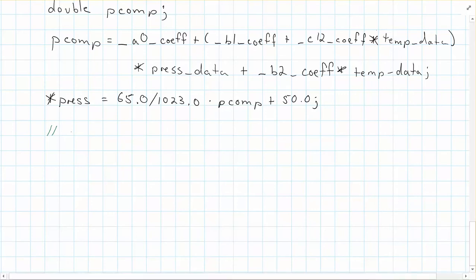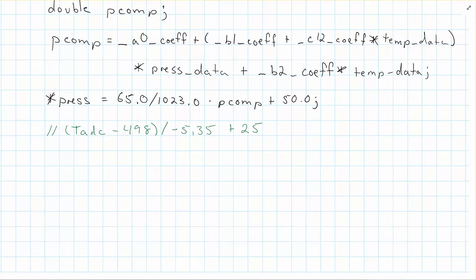But the formula we're going to use here is TADC minus 498 divided by negative 5.35 plus 25. That's the formula we're going to use.